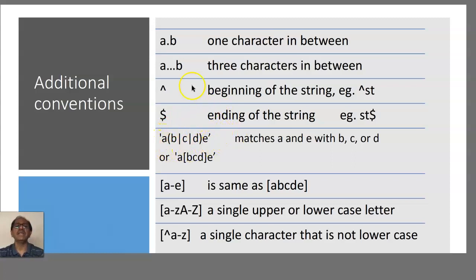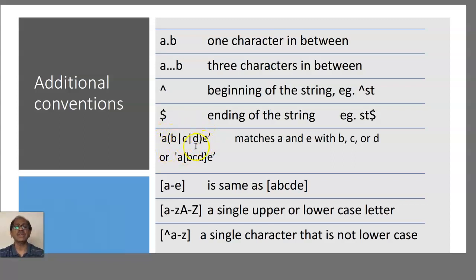Then you also have other ways. We are combining all the operations. You have A, then in brackets B or C or D. That means one of the characters. That is, between A and E, there can be a B, or a C, or a D. So the strings which will match will be ABE or ACE or ADE. That's what this means.